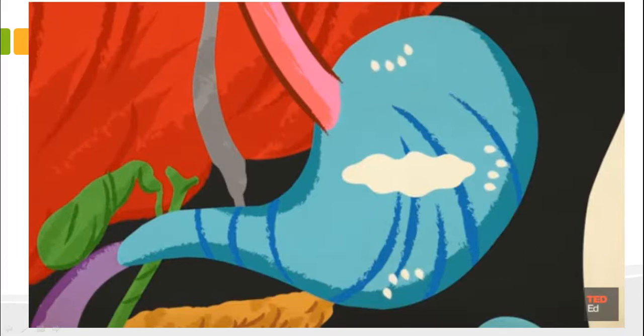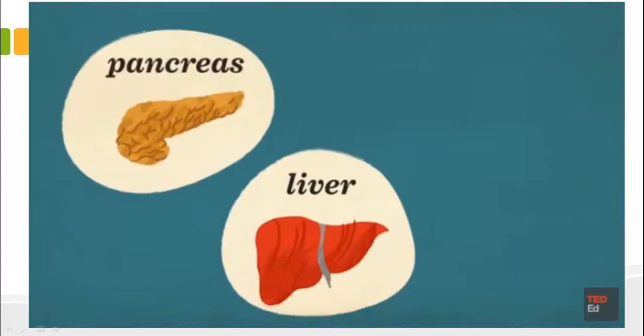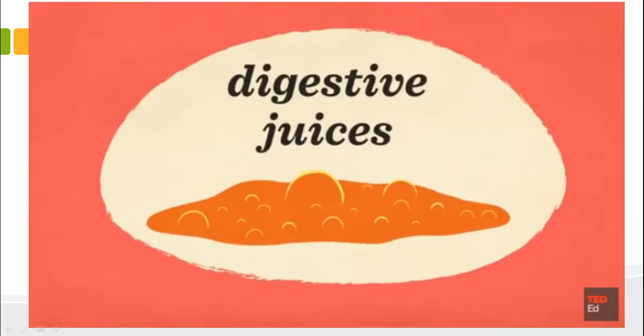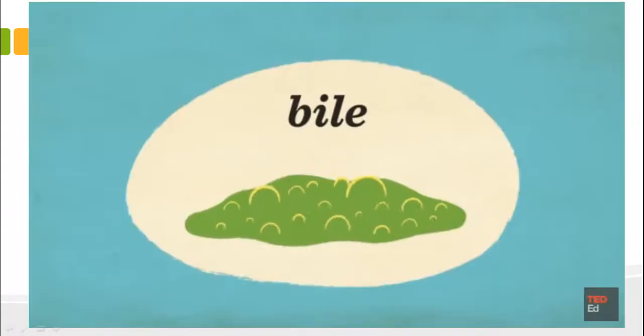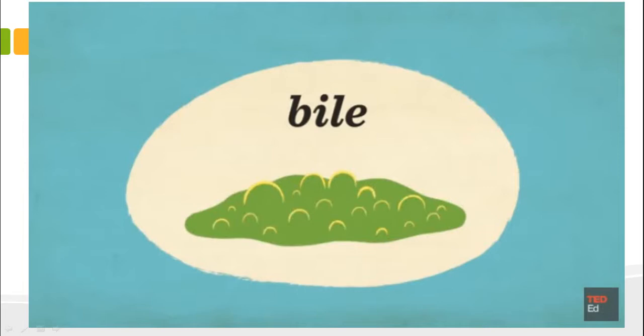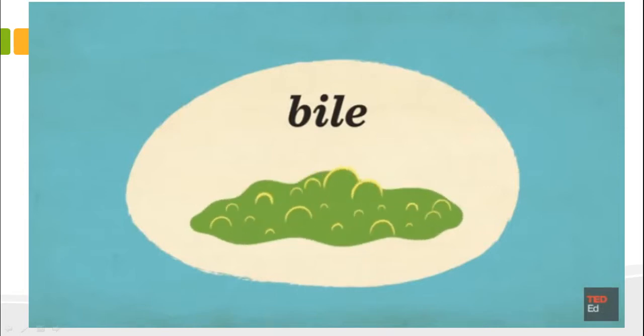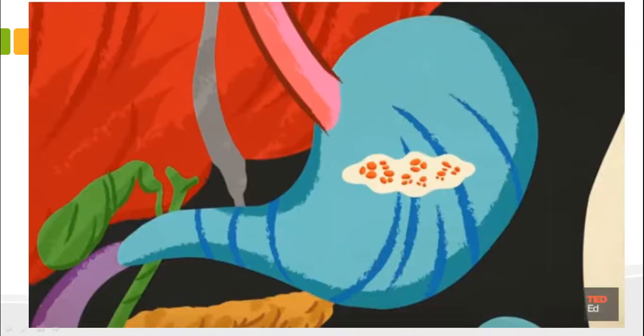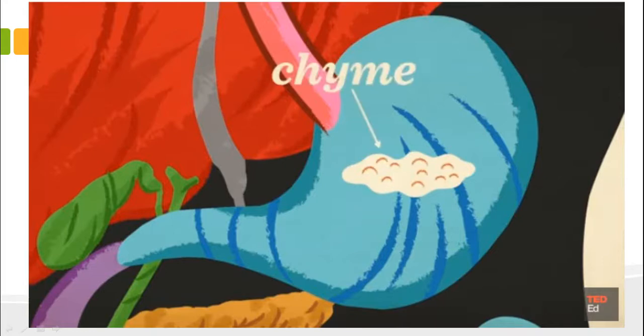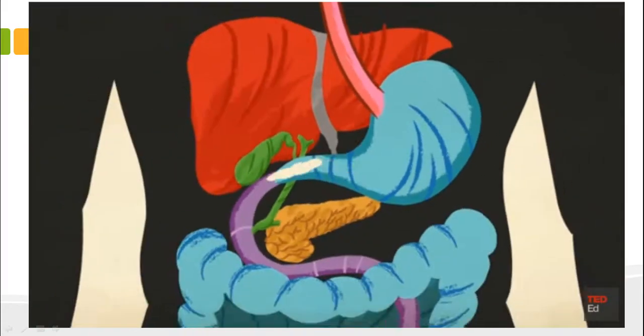These hormones also alert the pancreas, liver, and gallbladder to produce digestive juices and transfer bile, a yellowish-green liquid that digests fat, in preparation for the next stage. After 3 hours inside the stomach, the once shapely bolus is now a frothy liquid called chyme, and it's ready to move into the small intestine.